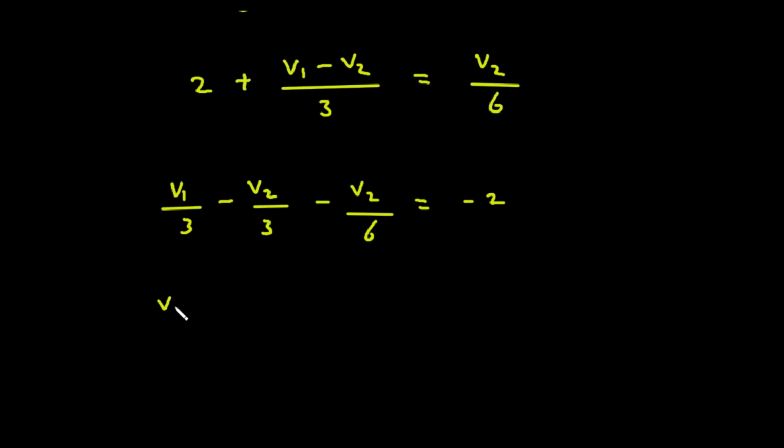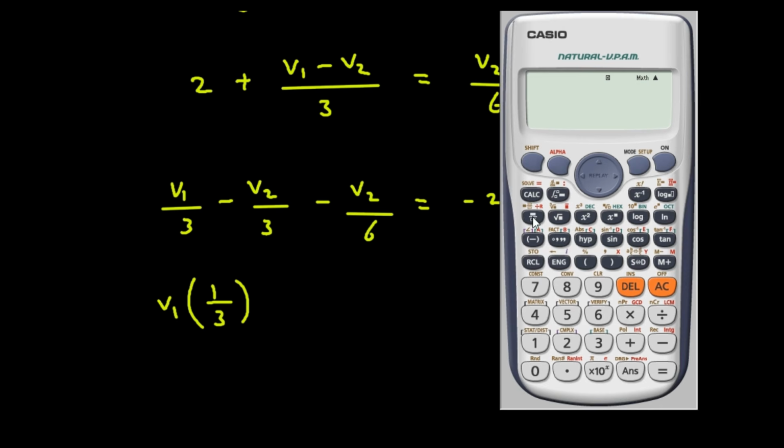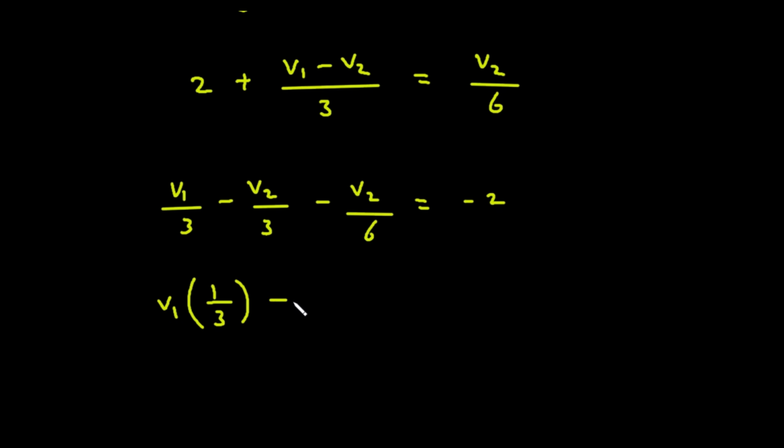So now it will be V1 in bracket 1 by 3 minus, here we have to solve this first. So it will be minus 1 divided by 3, then minus 1 divided by 6. So it will be simply minus 1 by 2. So minus 1 by 2 is equal to minus 2. Now let's say this is equation number 2.